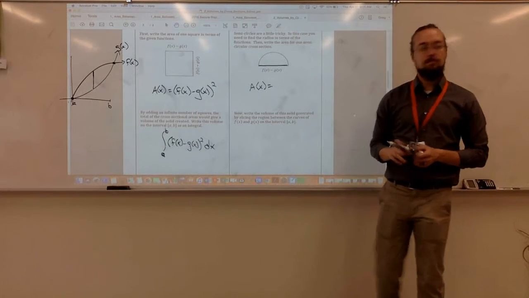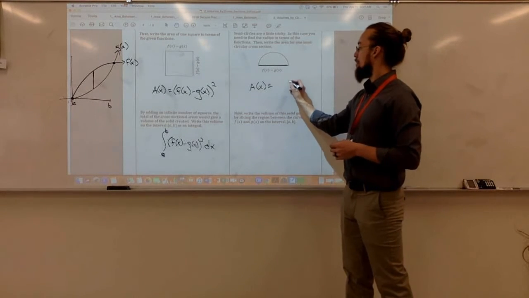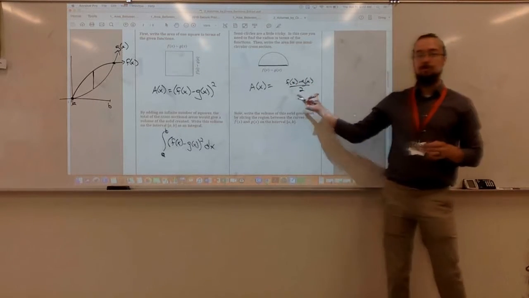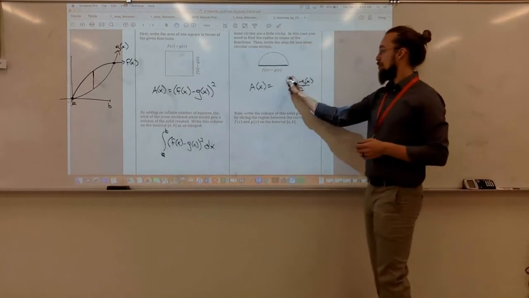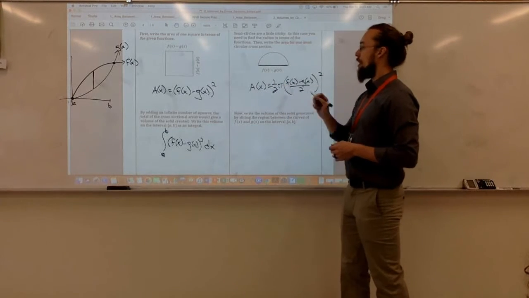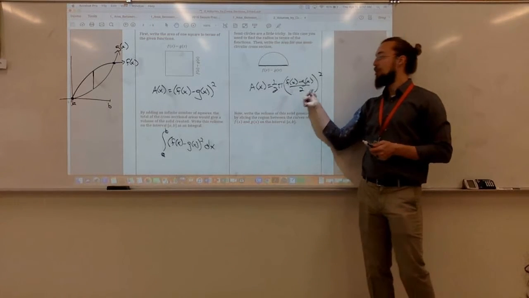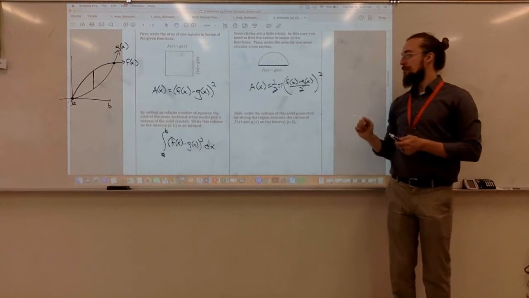Yeah, to get the radius, we would say this is f of x minus g of x over 2. So that's the radius of this semicircle. Right, square that, multiply by 1/2 pi. So 1/2 pi r squared. Right, this would be the radius of that semicircle.